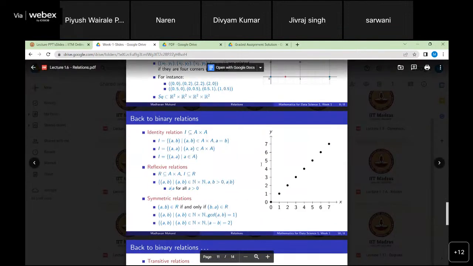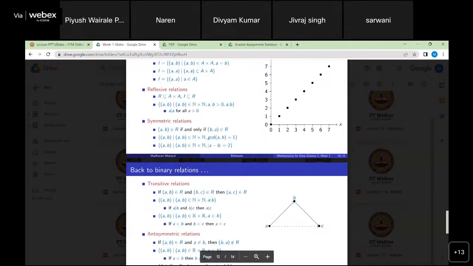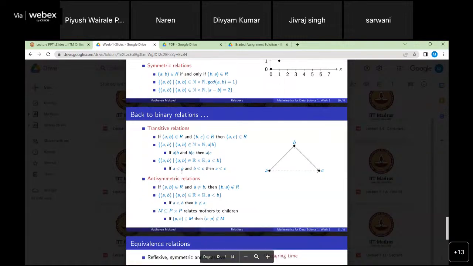The reflexive A comma B, then for all A is more than one. Here A is vertical slash A for all A greater than 0, right? A comma B, element of n comma B, where A and B is more than A. We're talking about the set, so that thing is clear. But we are now asking about the transitivity.